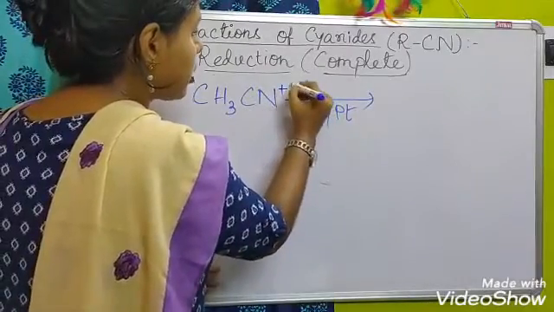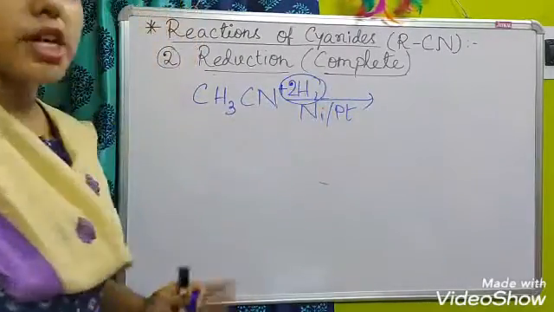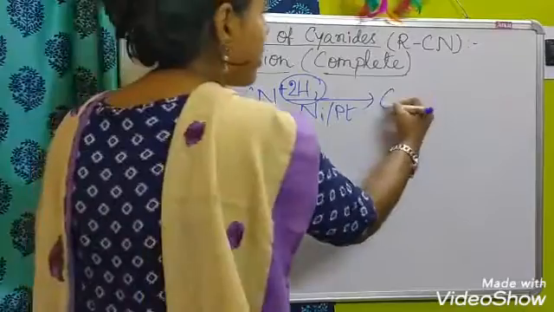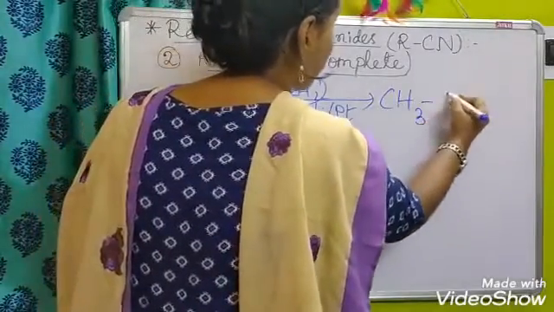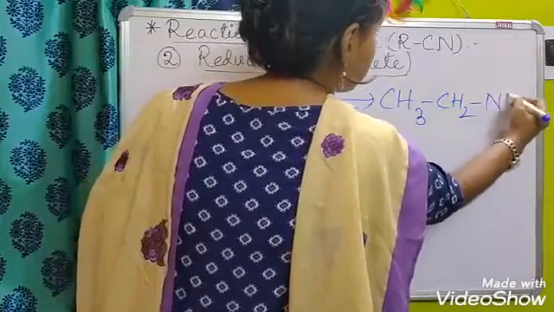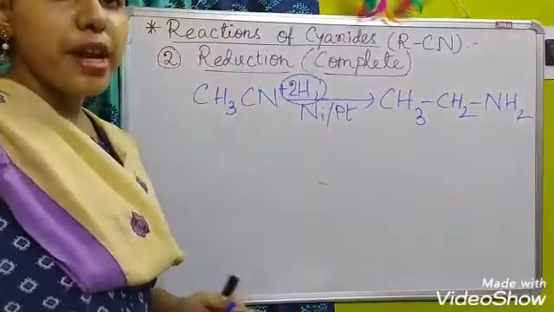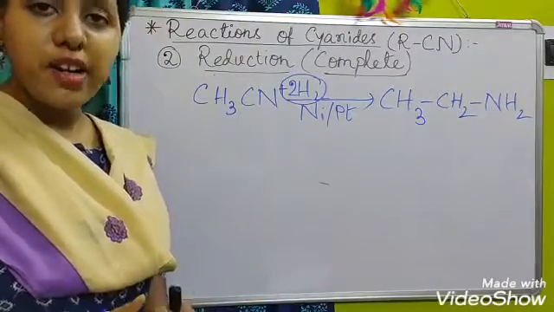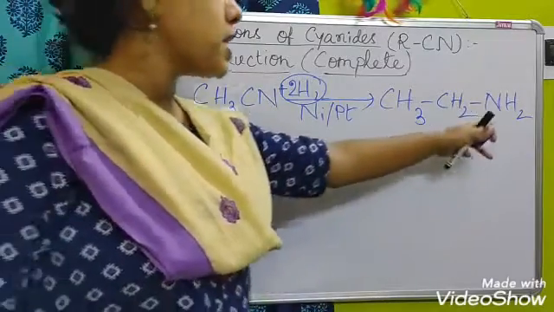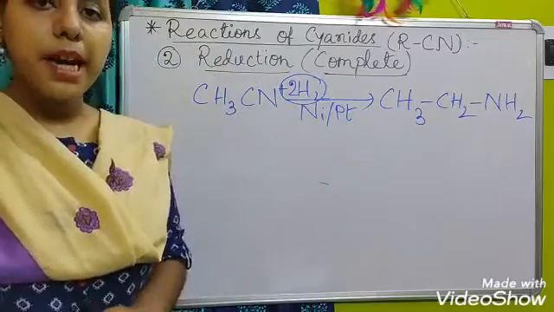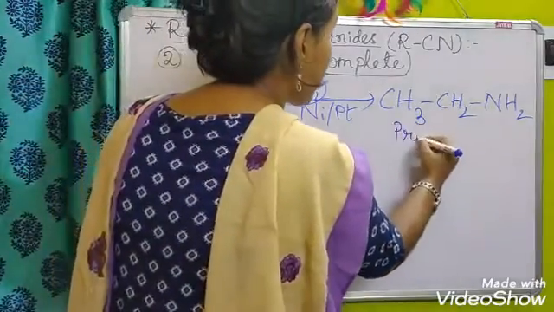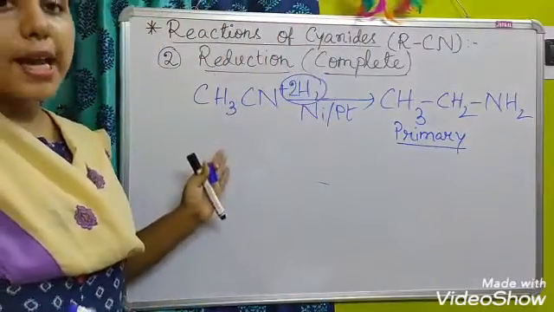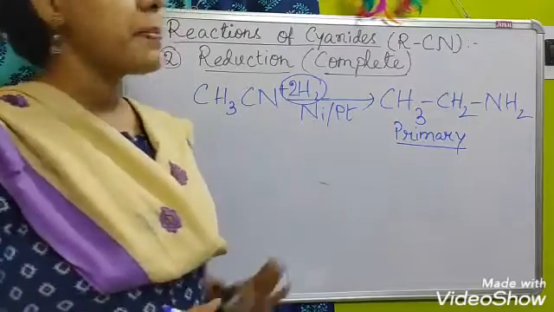That means 2 hydrogen molecules will be added to 1 molecule of methyl cyanide. And after reduction, it will make CH3CH2NH2. So this is 1 degree amine or primary amine, because here the nitrogen is attached with 1 carbon atom. So after reduction of cyanides, alkyl cyanides, we will get primary amines.